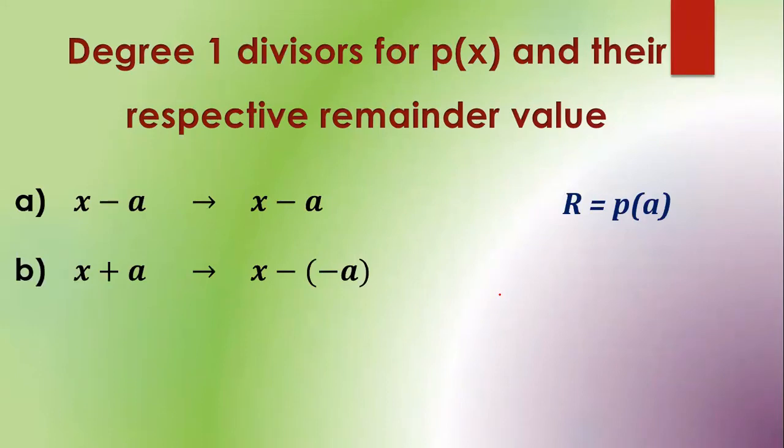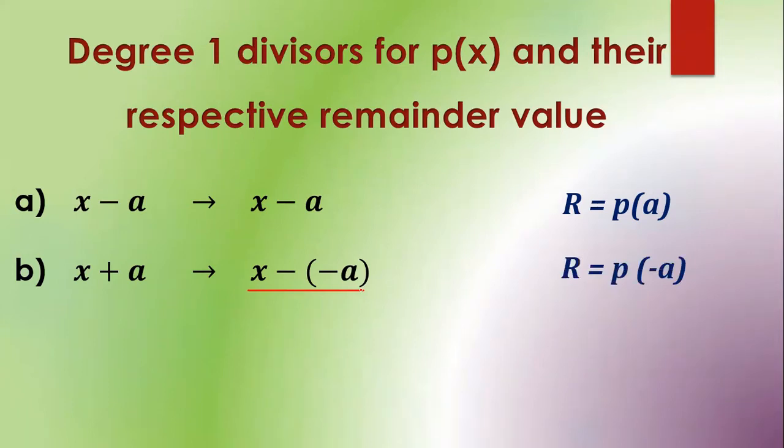If the divisor is in the form x plus a, then it can also be written in terms of the standard form, that is x minus (minus a). So if we have the divisor x plus a for polynomial p(x), then the value of the remainder would be r equals p(minus a).